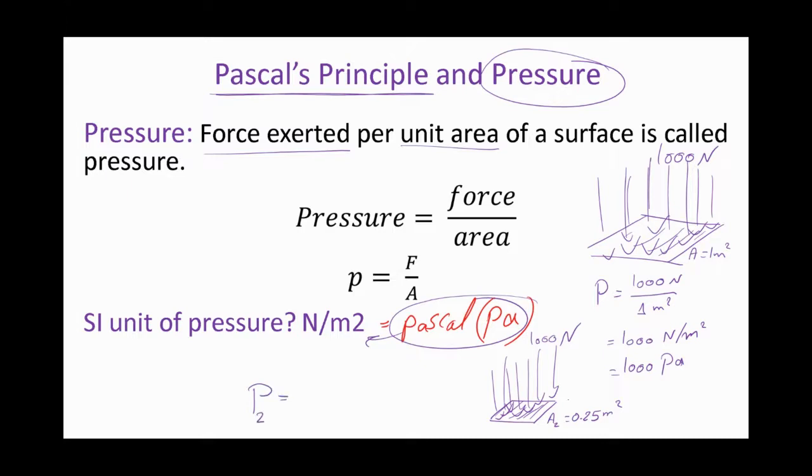In the second case, the force, 1,000 Newton, divided by 0.25 square meter gives you what? 4,000 Pascal. So by decreasing the area, you can increase the pressure. If you apply the same force on a smaller area, that means you increase the pressure.